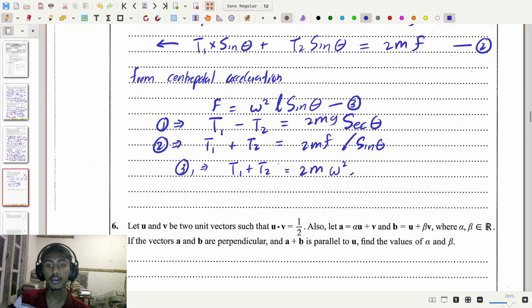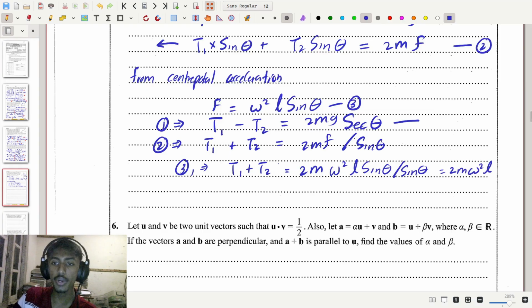If we cancel these two out, we get left 2m times omega squared times L. I'm going to call this equation number 4, and this equation at the bottom here, equation number 5.